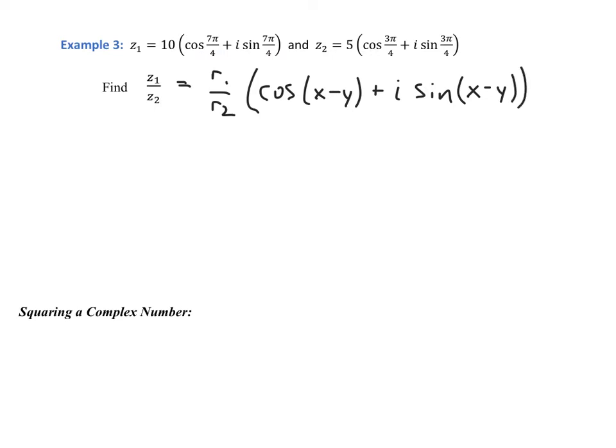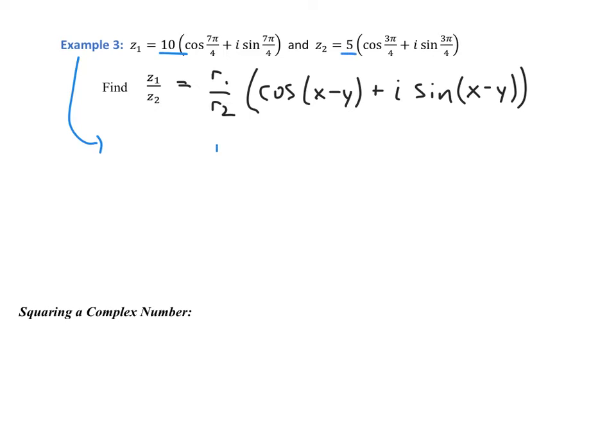So that's the only difference between multiplying and dividing. Now you divide the numbers, your r's, and then you subtract. A simple way to help you think about it is if you remember properties of exponents, when you divide, you subtract.